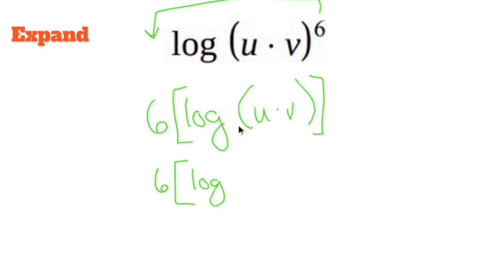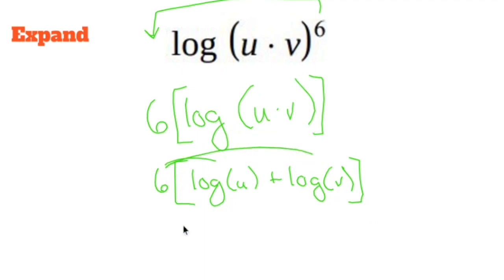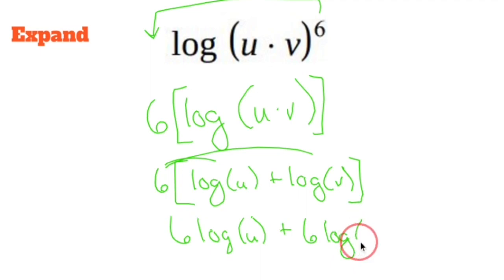Log u times v becomes log u plus log v. That 6 that's living out there gets applied to both of these. So this is now 6 log u plus 6 log v.